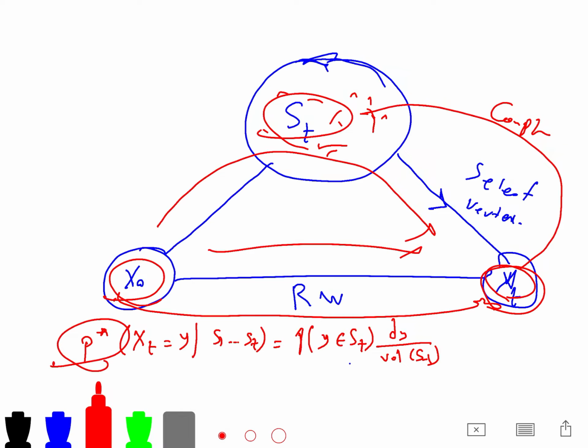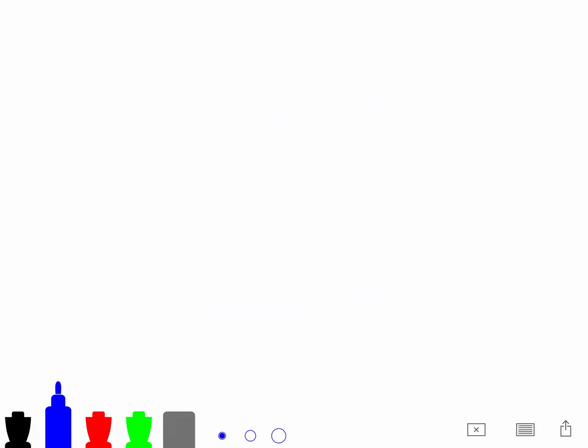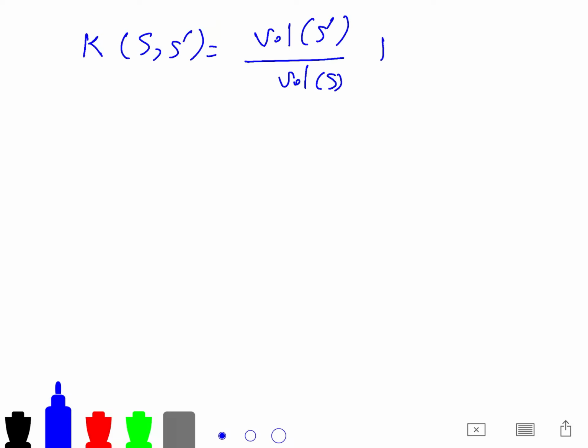And this is the probability measure for coupling S_t and X_t. And there are other interesting things in this article, like the transition kernel. The transition kernel for volume biased ESP is the volume of S prime over the volume of S, times K of S and S prime.